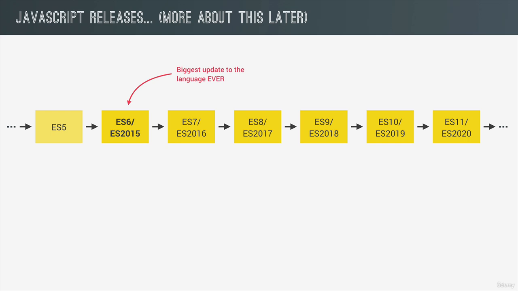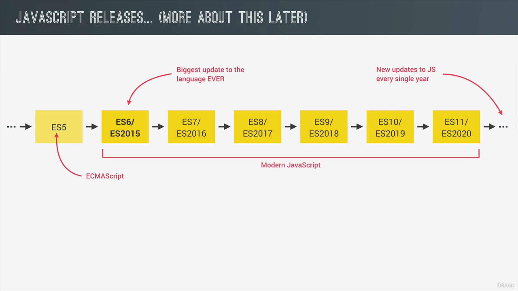But most people just call it ES 6, simply because it was the release after ES 5. And by the way, ES stands for ECMAScript. Now, after ES 2015, there is now a yearly new release with a couple new JavaScript features. All of these new releases or versions, starting from ES 2015, is what we call modern JavaScript.